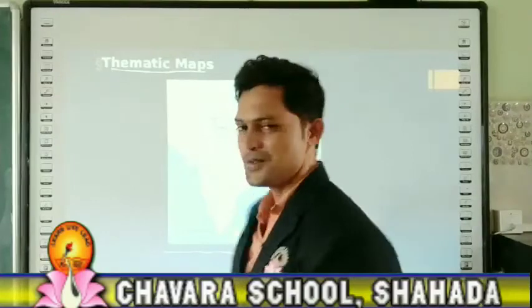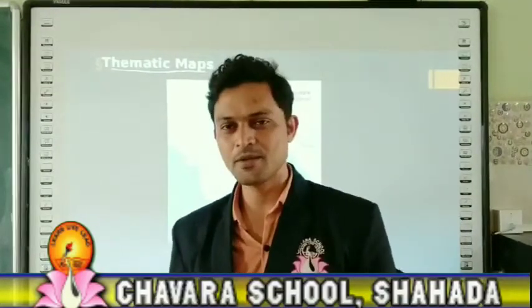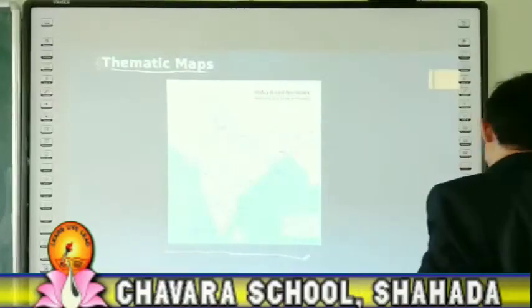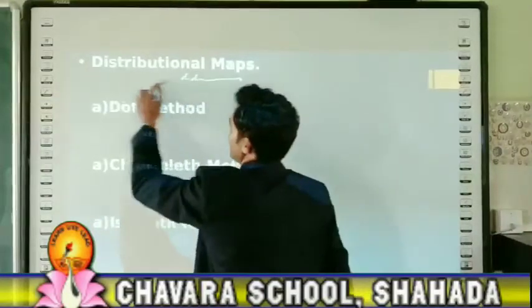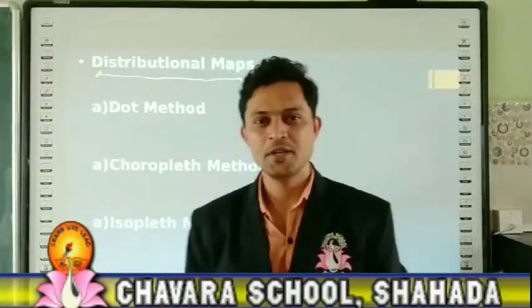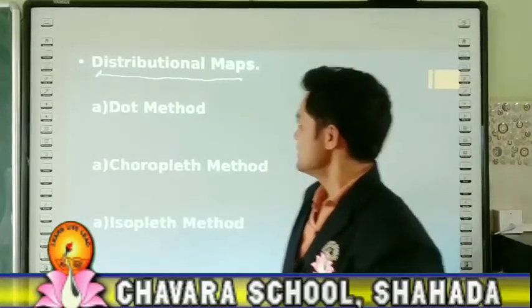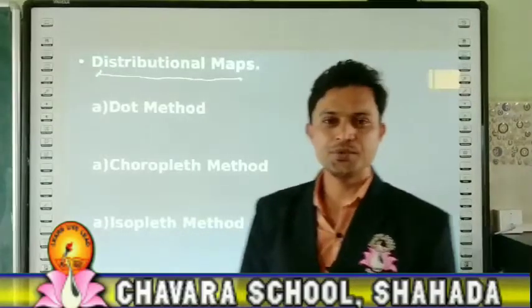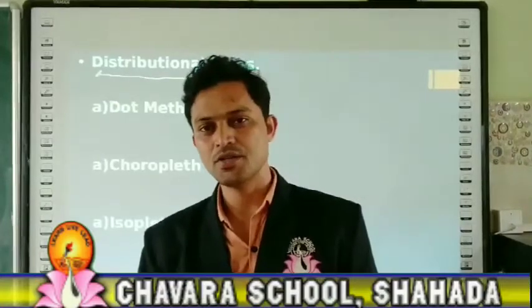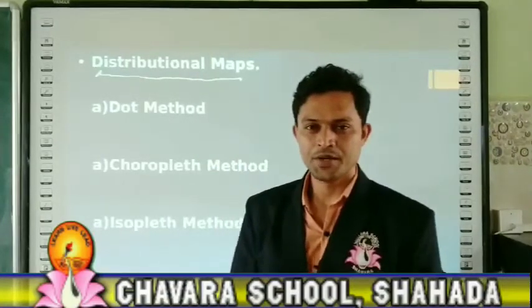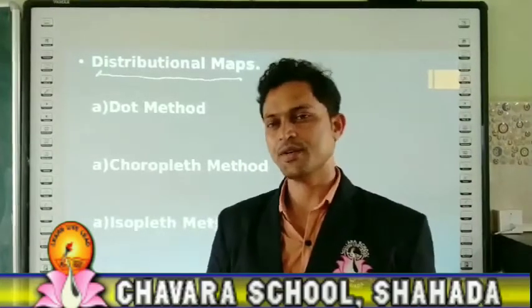So our today's topic, the distributional map, is a subcategory of this thematic map. So let's go to the distributional maps. I already told you that the distributional map is a subcategory of thematic map, and these types of maps are used to explain the distribution of different variables of a particular region, variables such as rainfall, temperature, population density, literacy rate.